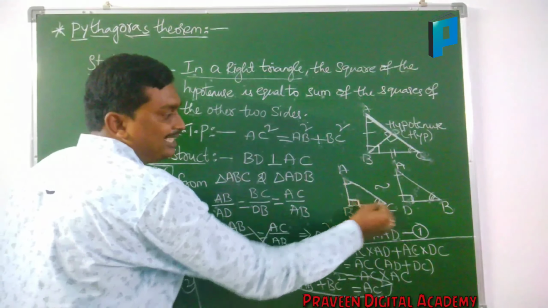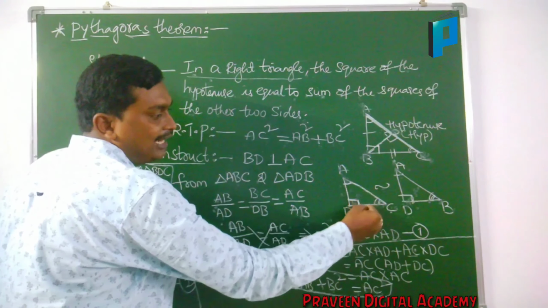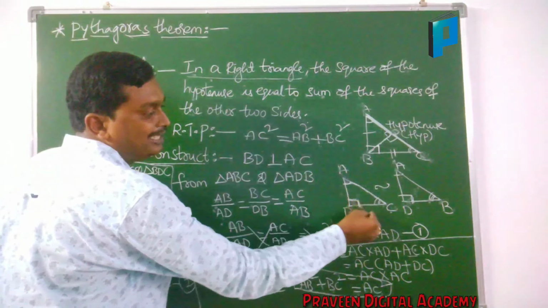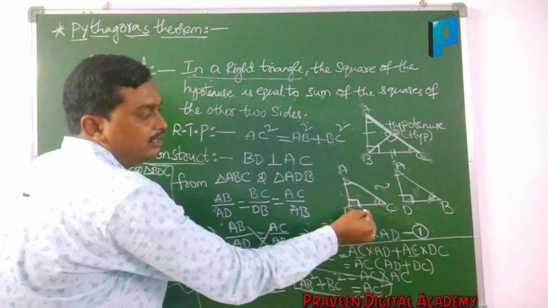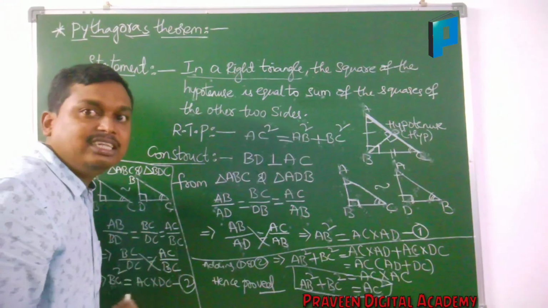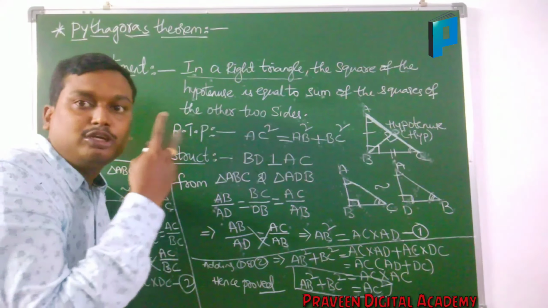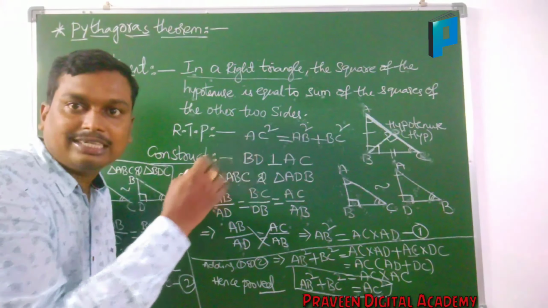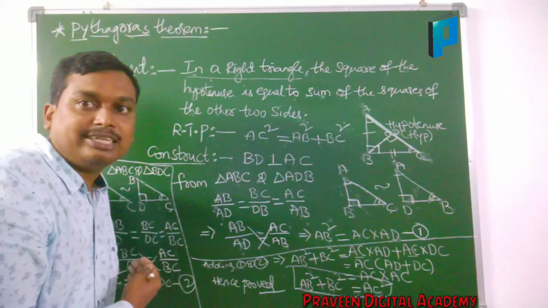In this ABC, if you know AC and BC, you can find out AB. If you know AB and BC, we can find out AC. If you know BC and AC, you can find out AB. In this way, if you know two sides of a right angle triangle, we can find out the third side by using the Pythagoras theorem.